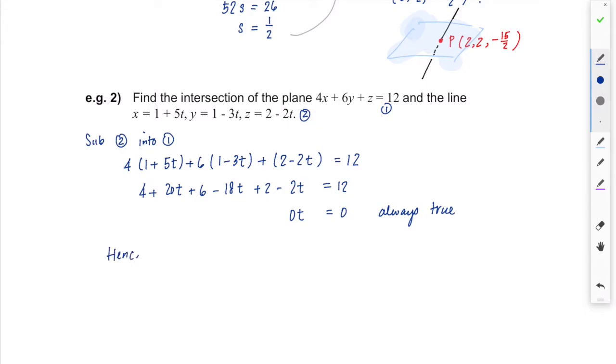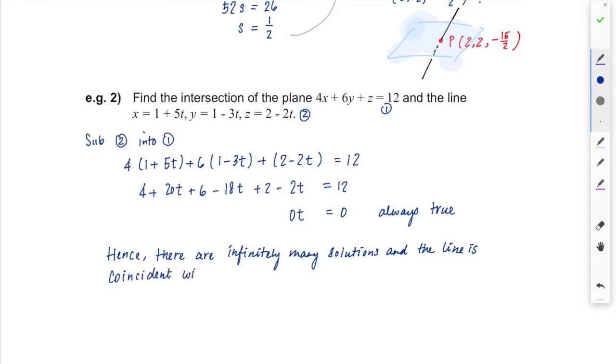Hence, there are infinitely many solutions, and the line is coincident with the plane.